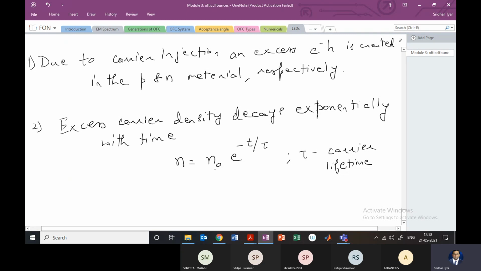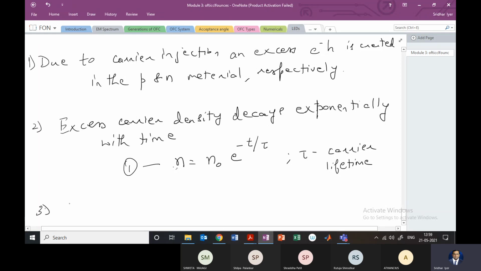This will help us in defining the quantum efficiency, right? So let us call this equation 1. So in equation 1, it is showing us that the carrier density, total carrier density n, is a function of the initial carrier density n naught, and that initial carrier density is going to decay exponentially with time as e raised to minus t by tau, where tau is the carrier lifetime, right?